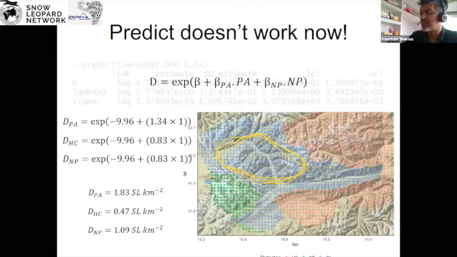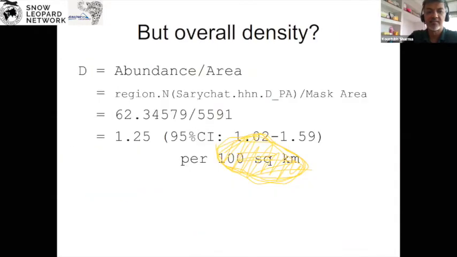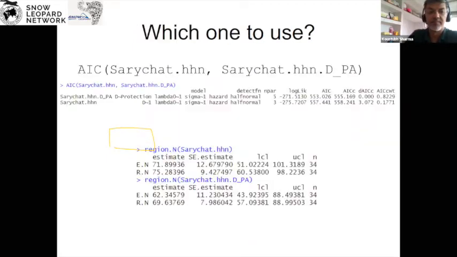I can estimate that by giving it a little smaller mask in my analysis. Instead of region.N over here, I will define a new mask and I can estimate that abundance. But anyway, what it's telling us right now is the overall density of snow leopards in the whole study area is 1.25. And if we compare it with the other estimates, it's slightly different.